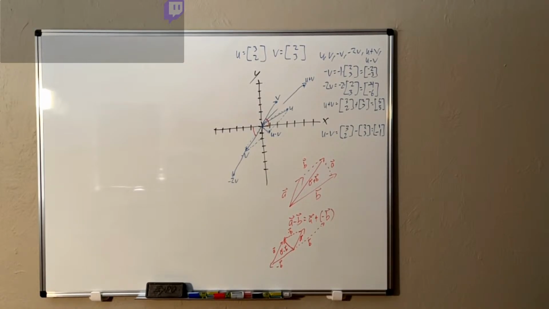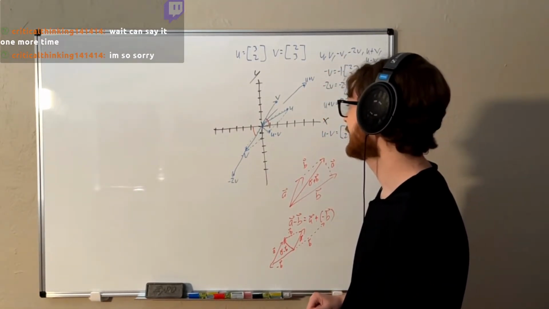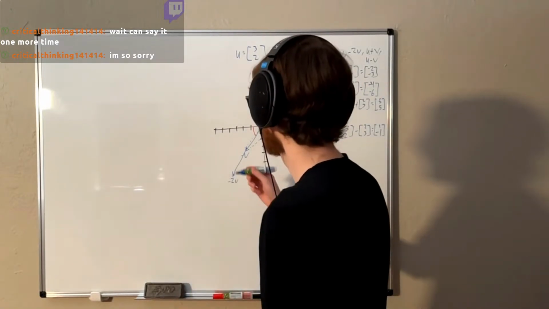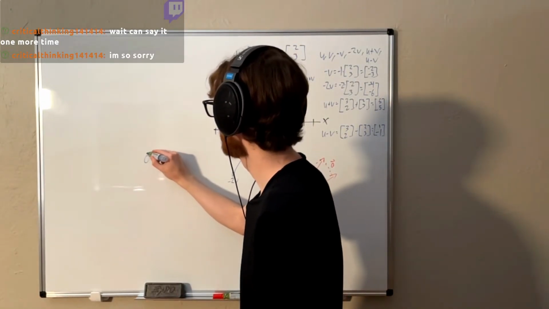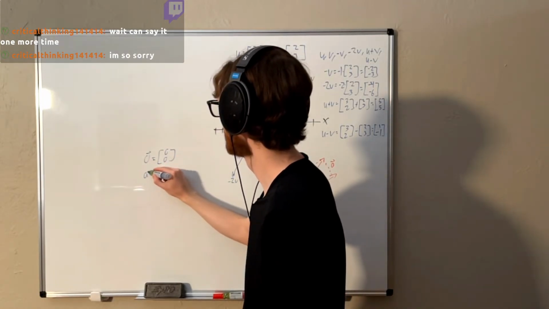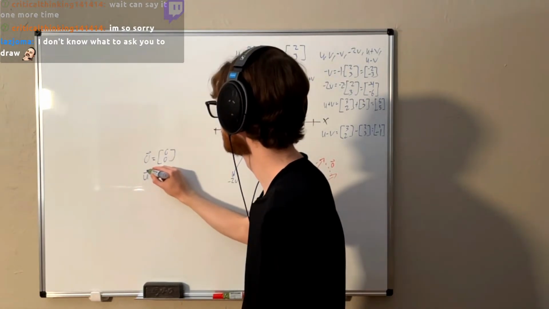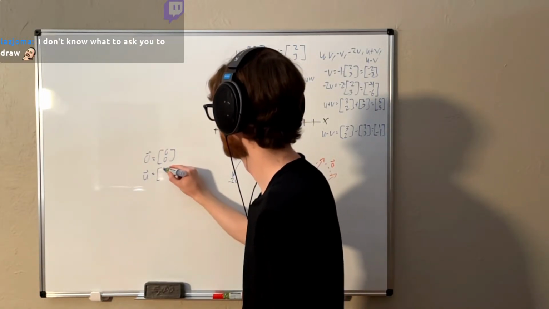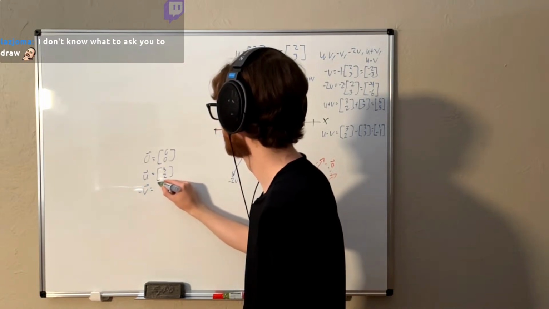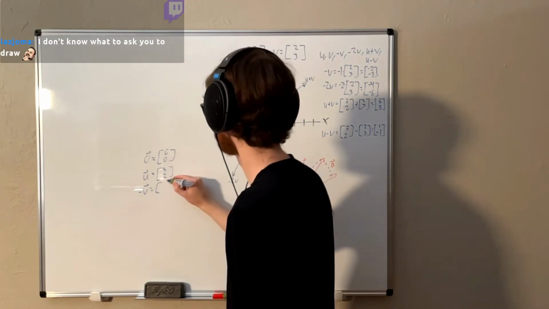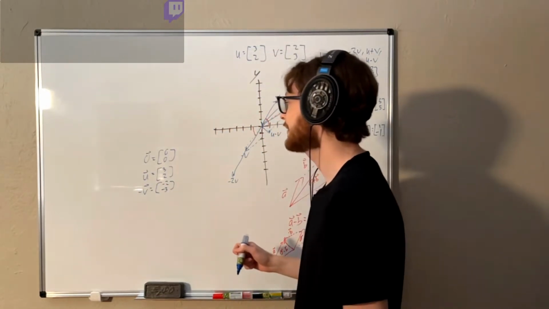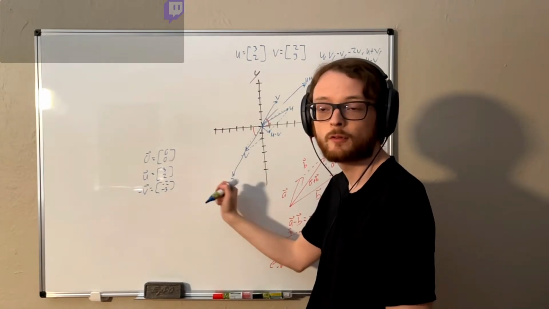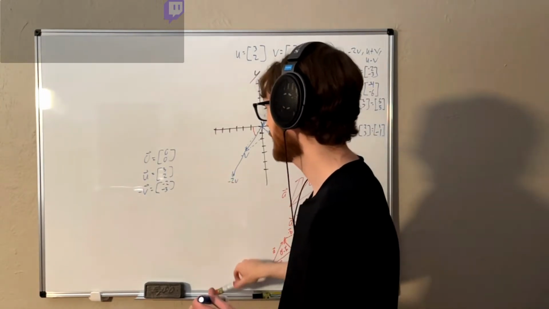And Joseph, I mean, if you want to redeem something, feel free. The point they're trying to make is that if you're given a list of vectors, and you were asked to make the parallelogram starting with these three things, you'll find that the fourth one is always going to be u minus v.